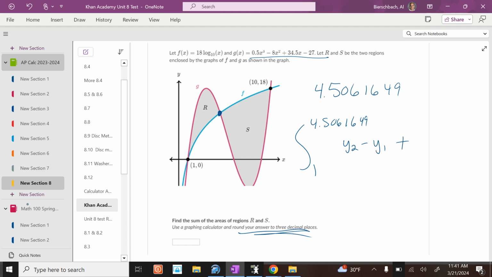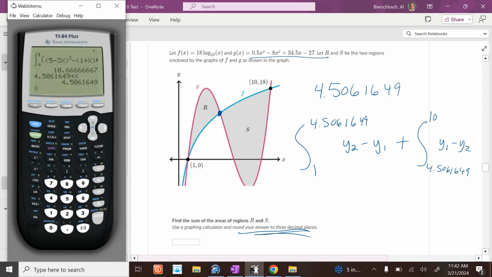And then I'm going to add on to that this one. So integrating from 4.5061649 to 10 of y1 minus y2. Math 9 from 1 to whatever my x is.